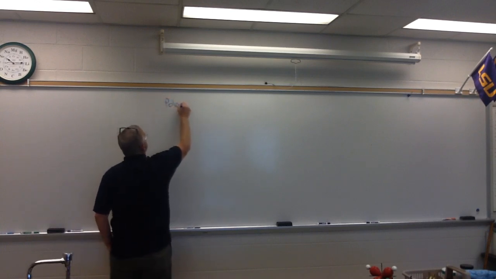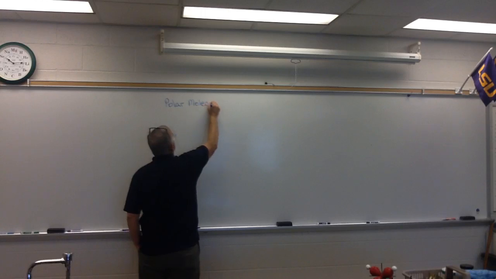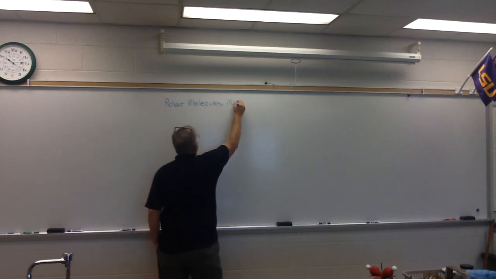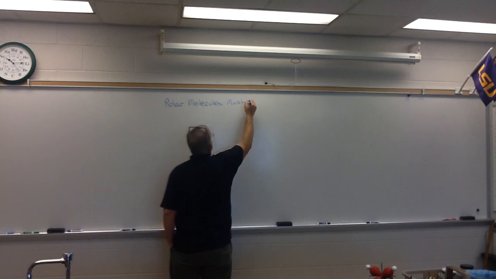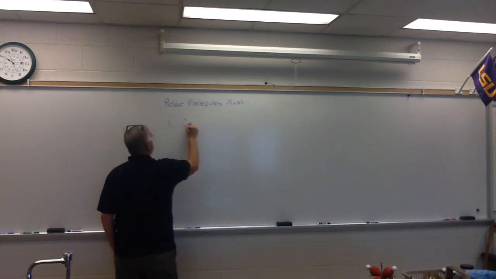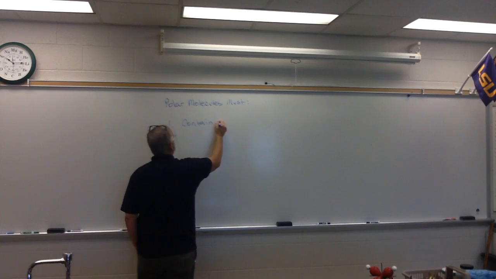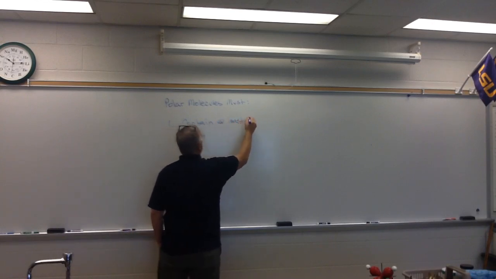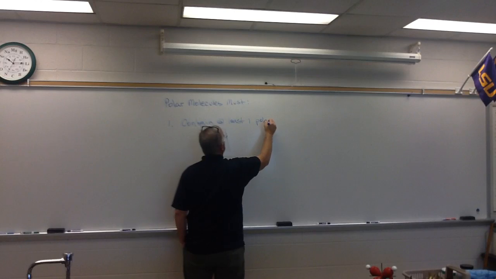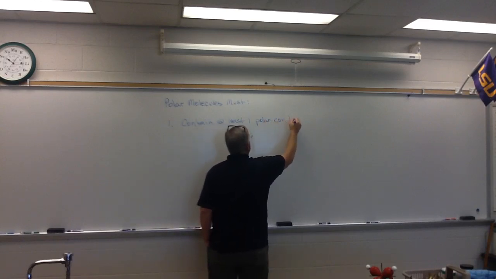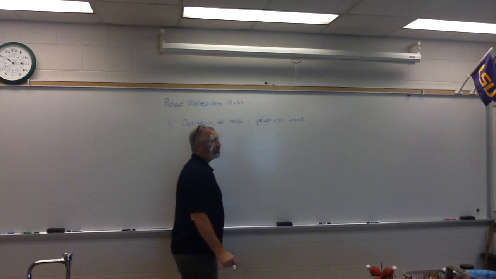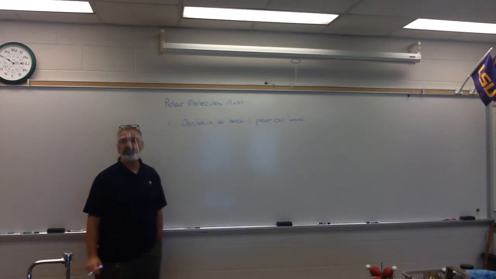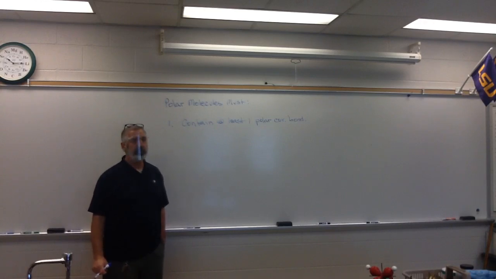So, polar molecules must, number one, contain at least one polar covalent bond. So how do we tell if it's a polar covalent bond? What do we look for? The differences in electronegativity, right?